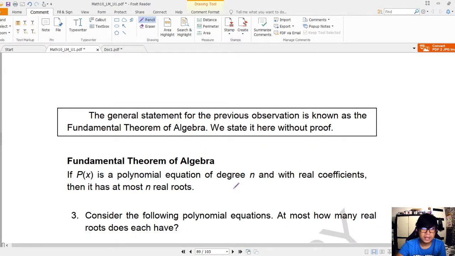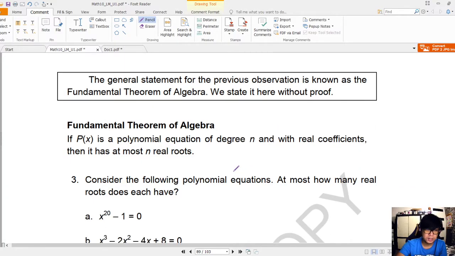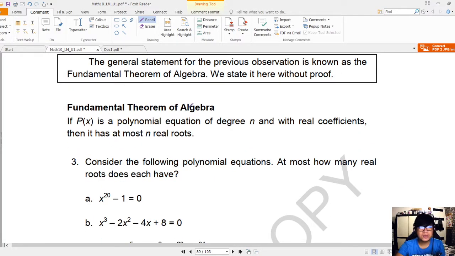Okay, ito na yung theorem about sa ginawa natin kanina. The general statement for the previous observation is known as the fundamental theorem of algebra. So, ito siya. The fundamental theorem of algebra: if p of x is a polynomial equation of degree n and with real coefficients, then it has at most n real roots.